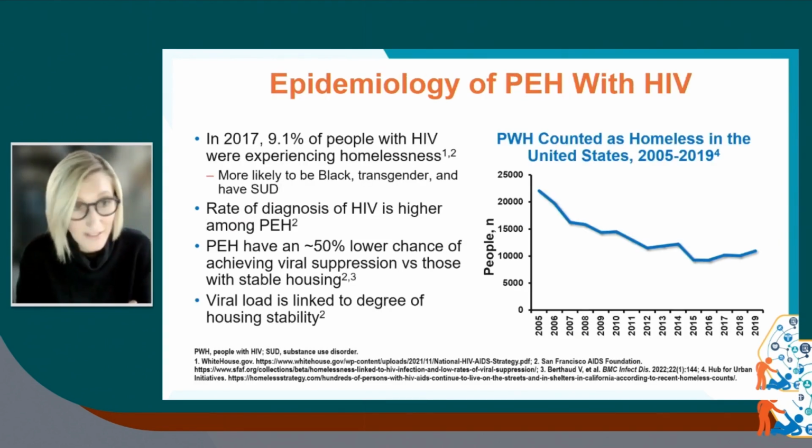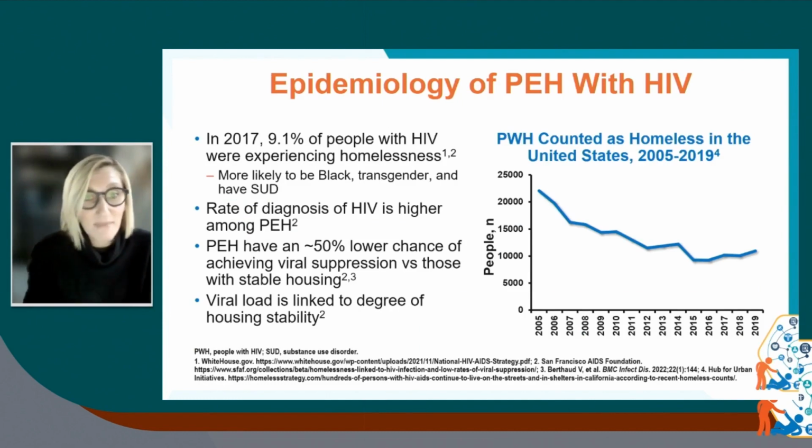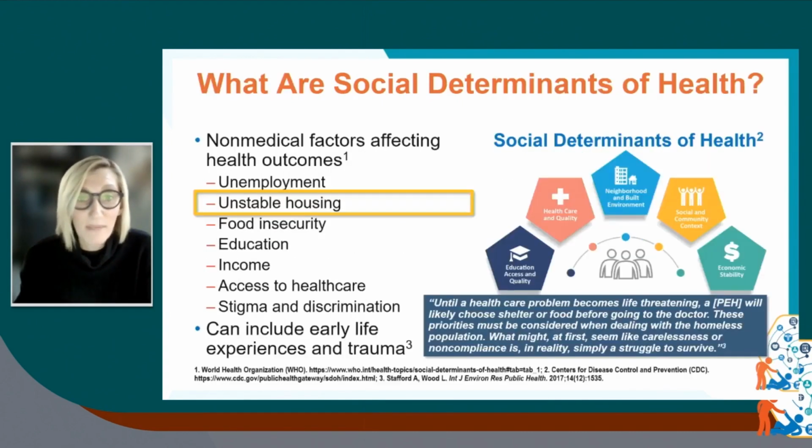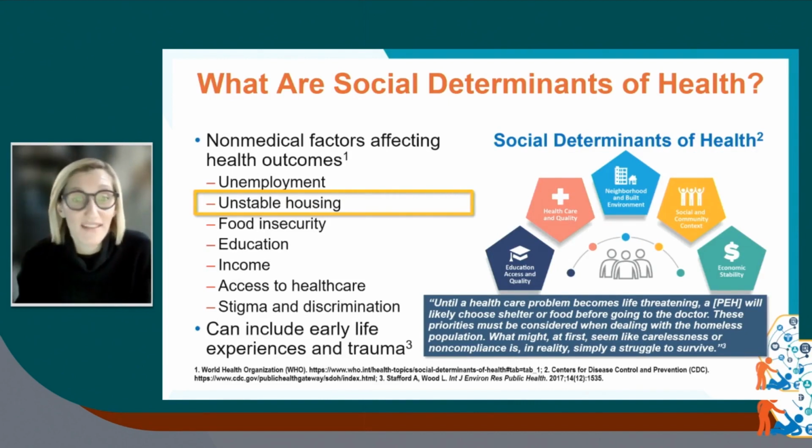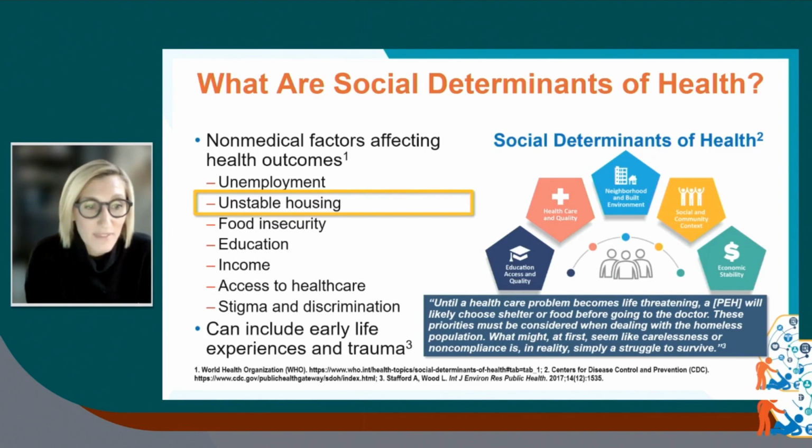All right, let's move on to the epidemiology of people experiencing homelessness with HIV, but first, reviewing the social determinants of health. Let's talk about some of the non-medical factors that affect health outcomes.